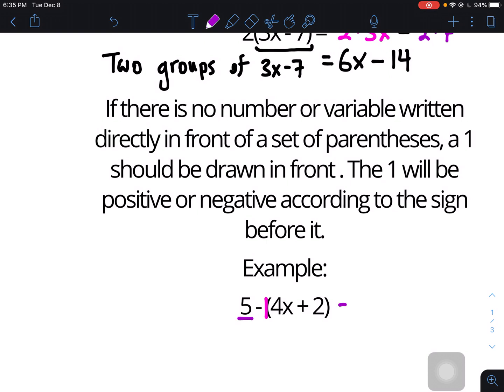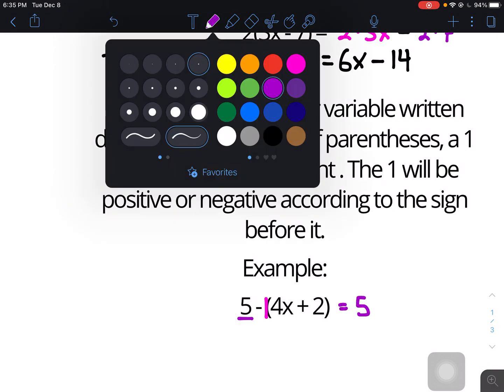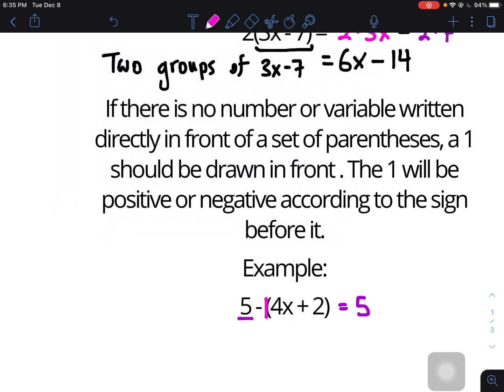So I'm going to start by just writing the 5 where it was before. Then I'm going to multiply -1 times 4x. I'm going to write it out as -1 times 4x plus -1 times +2.